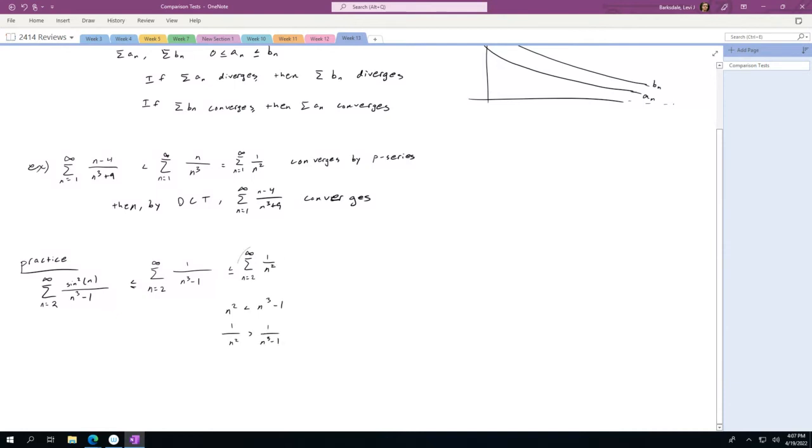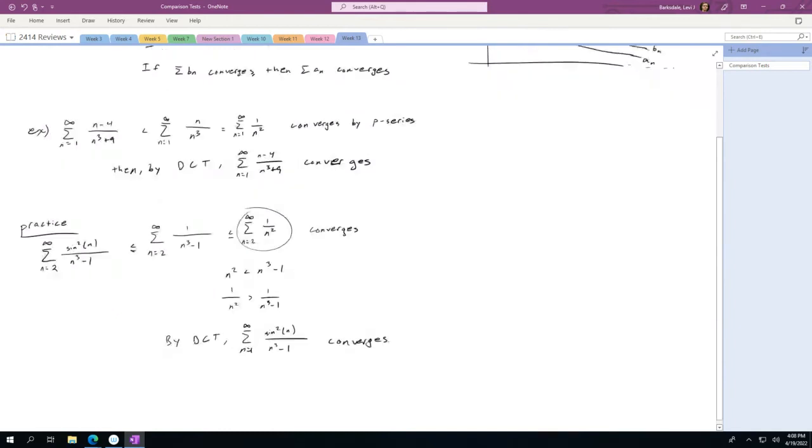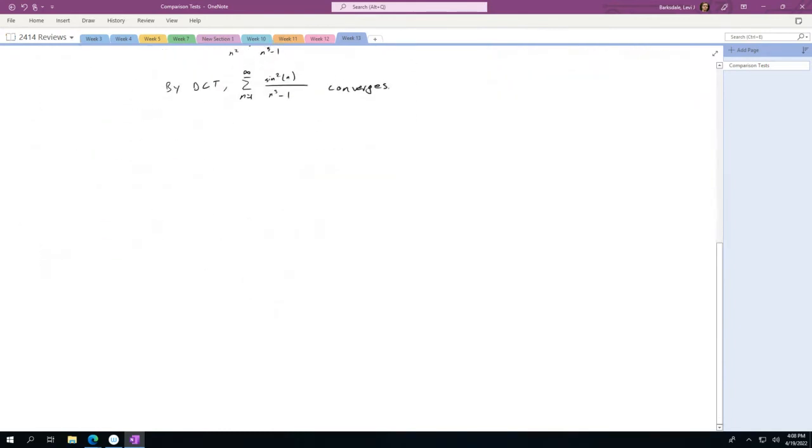Which means, since this series here converges, well then overall, by a direct comparison test, the sum from 1 to infinity of sine squared of n divided by n cubed minus 1 must converge as well. All right, moving on.